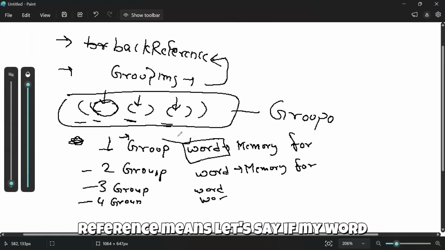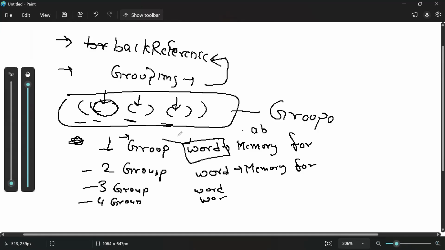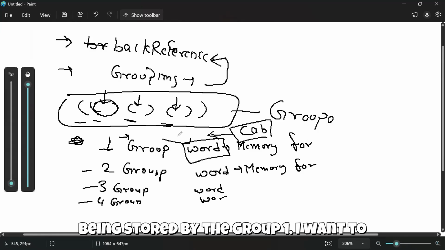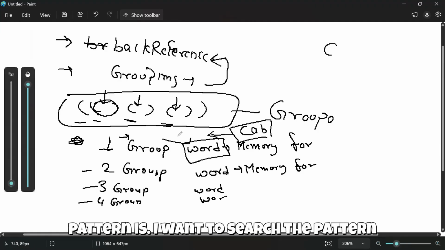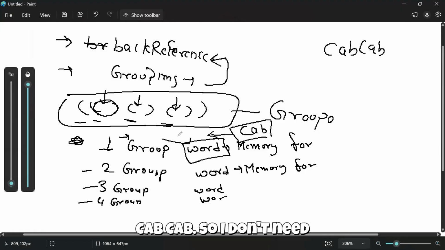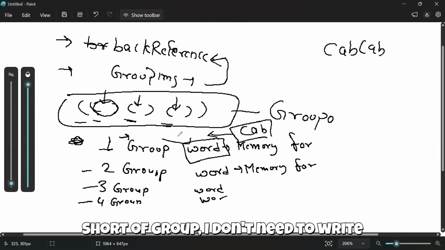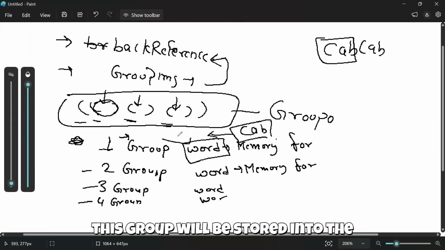These words are being stored to achieve the back reference. Back reference means, let's say my group 1 has stored a word called cab. Cab is the word stored by group 1. I want to use this cab, and my pattern is I want to search the pattern cab. So I don't need to write this group again. Instead, the evaluation of this group, cab, is already stored in the memory.